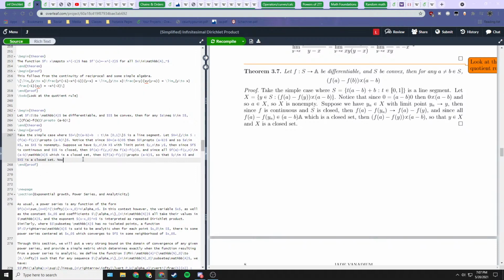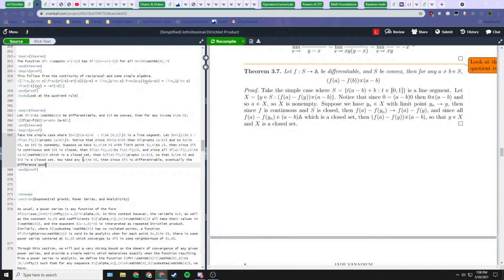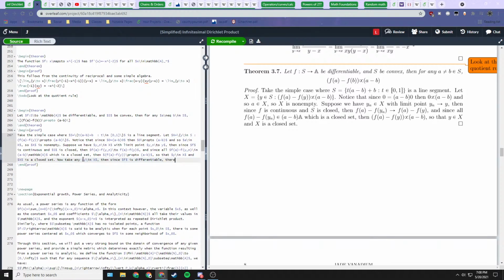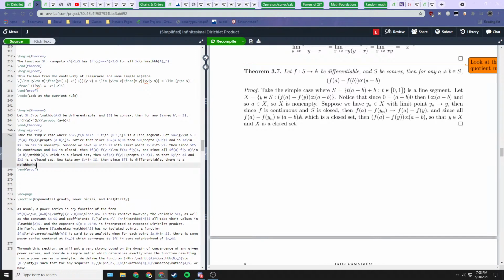So now, in order to show that it's open, we can take any y in X. Then since f is differentiable, eventually the difference quotient, there is a neighborhood, and we can rephrase these.